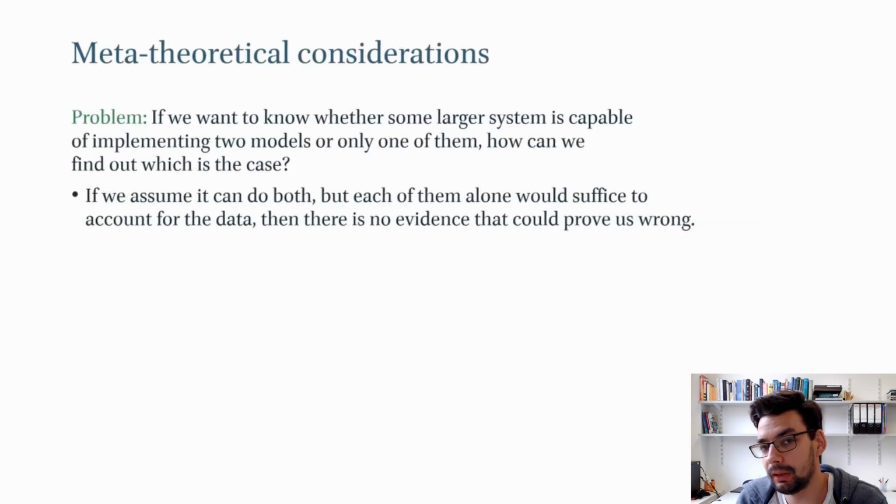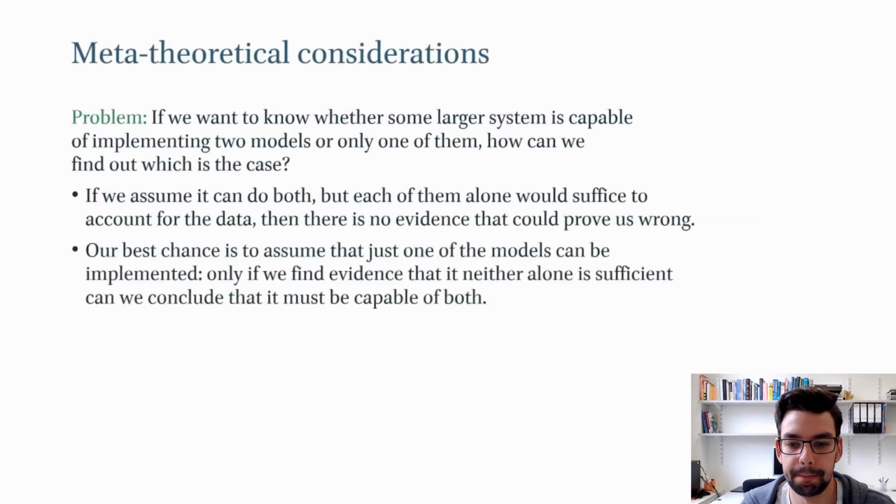So there's no evidence, as long as one of them at least is right, that could ever prove us wrong. So that's not a good assumption to make. Our best chance to figure out whether just one of them is true or whether both of them exist in parallel is to assume that one of the models is in fact wrong and the other one is the only one that can, in this case, be mentally implemented.